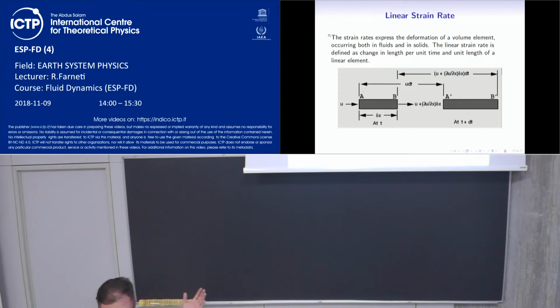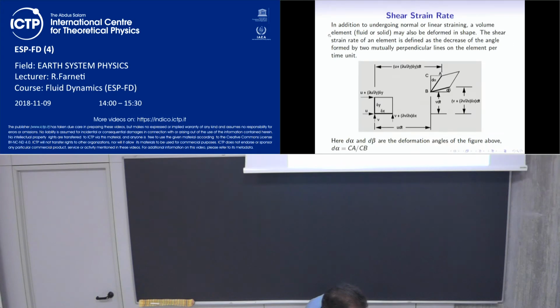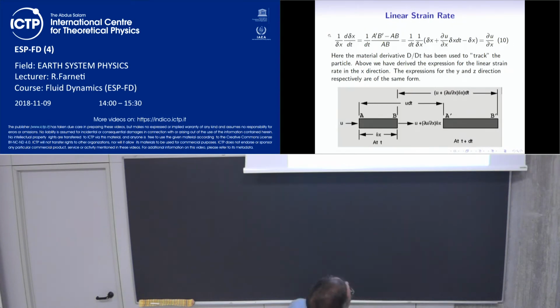We did a simple one-dimensional example of an element of fluid which is linearly deformed by this strain, and we look at the rate of change subject to this linear strain rate, which is simply equal to equation number 10 in a one-dimensional problem. So that's the linear strain rate.